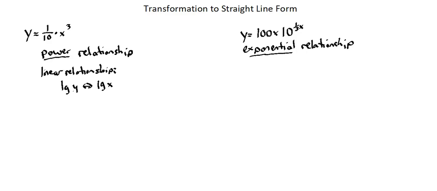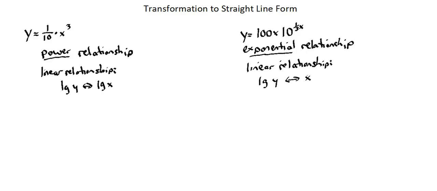So knowing that I'm dealing with a power function, a power relationship in the underlying function, I'm expecting the linear relationship to be between the log of y and the log of x. With an exponential relationship, in my transformation, I'll see a linear relationship between the log of y and the variable x.